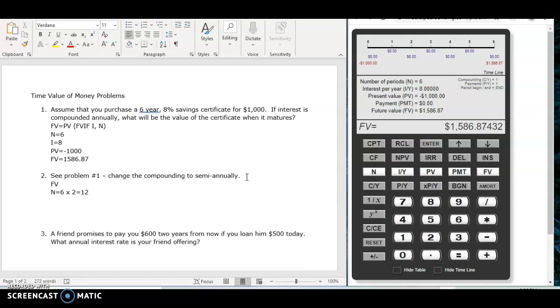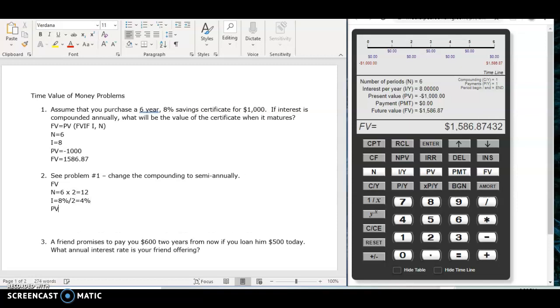If we have interest that is annually 8%, then we're going to divide that by 2 because we're going to get half every 6 months. So it's going to be 4% semi-annually. And then our PV doesn't change.